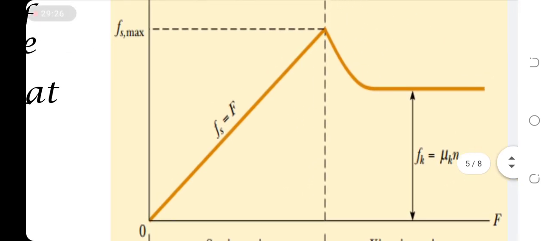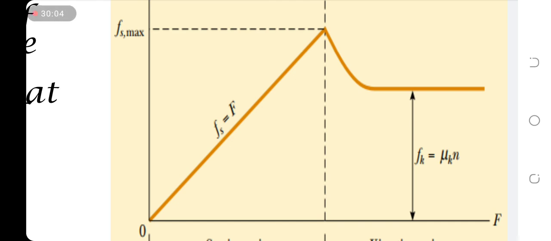In the second portion, we see that the graph line is falling down, shown in orange color, and at some stage, this is continuously decreasing. This friction force decreases. But at some stage, we see that the force of friction becomes constant.